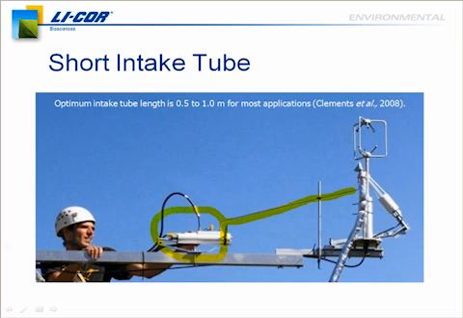For eddy-covariance measurements, it's best to attenuate temperature fluxes. However, you do not want to attenuate the water fluxes. These are the real measurements that we're trying to capture. So there's been several research projects, papers, such as the one by Clement et al. that's listed here on the slide.